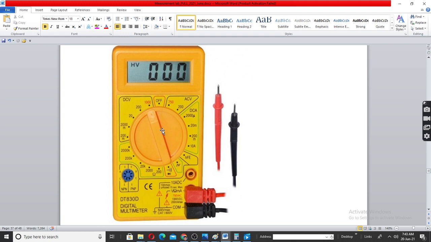Normally, when you select the range, it should be a little bit higher than the actual value of the quantity, voltage, current, or resistance, between the terminals of the multimeter, so that the measurement is most appropriate.